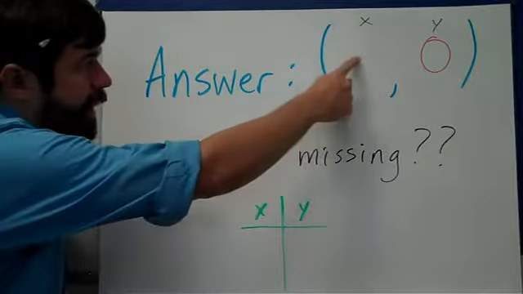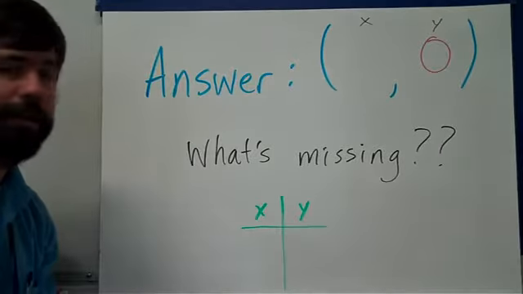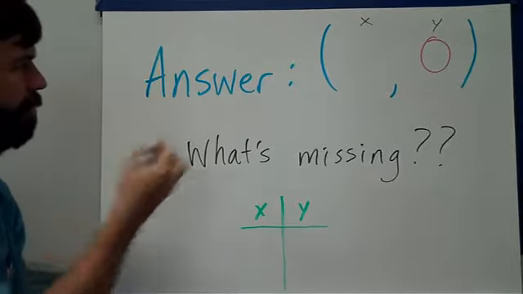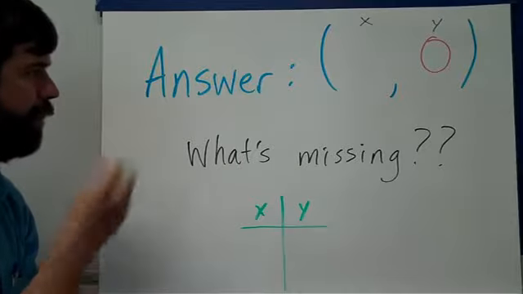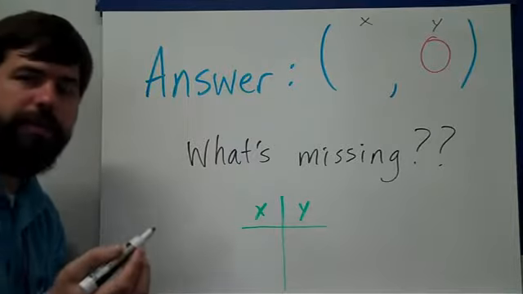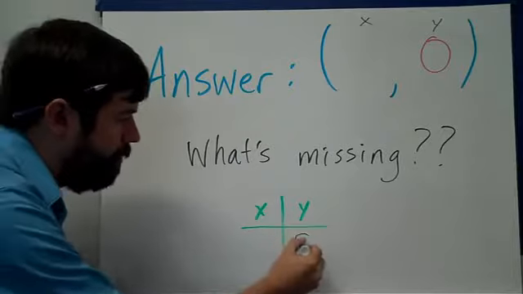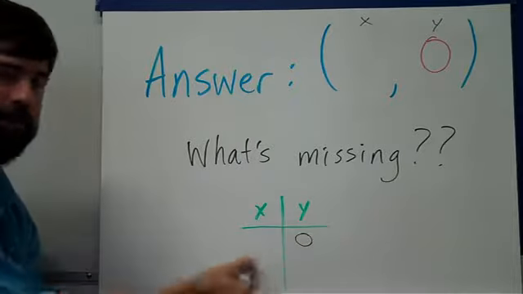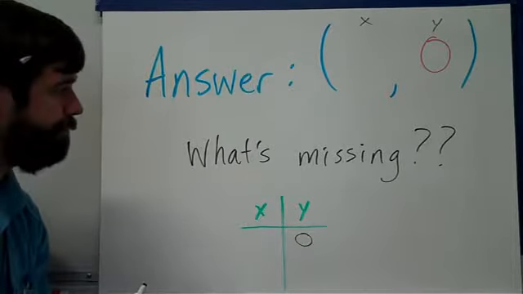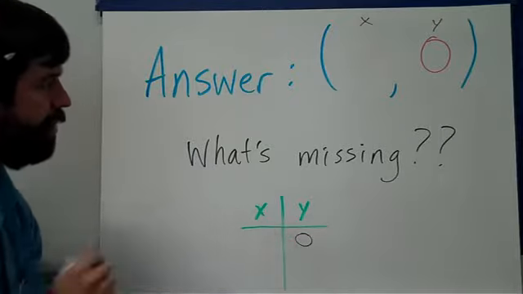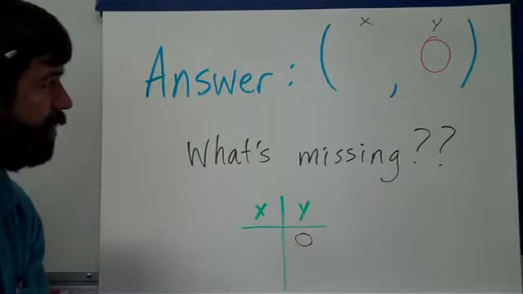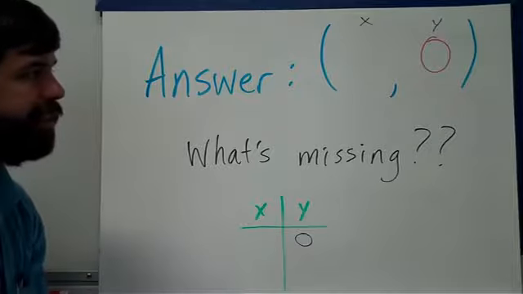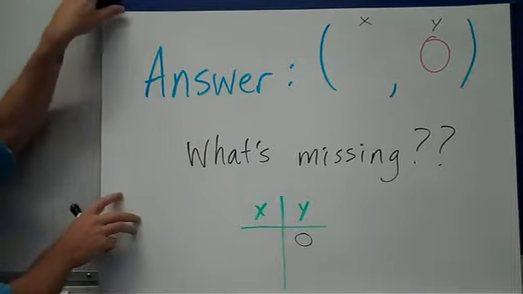We know that x is going to eventually have a coordinate that goes there. So, if we're missing the x, and we know what the y is, what have we been doing when we know one but not the other? Yeah, think about that. Okay? So now that we know that y is 0, and we just want to know what x is, let's go back and plug it in.